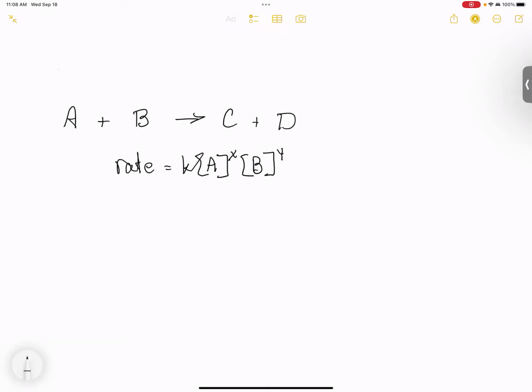For that matter, the rate law does not necessarily contain all reactants in it. So how do you determine it? And that is where experimentation comes into play.